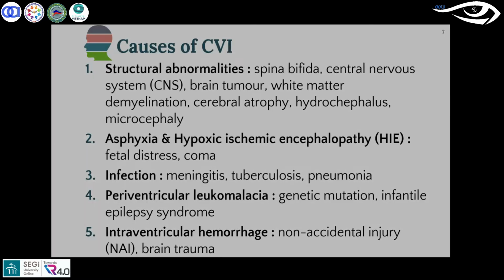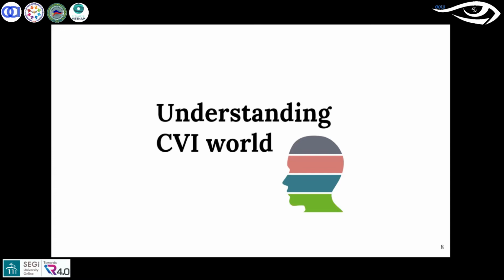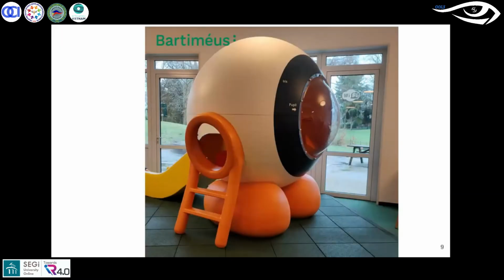Next one, let me show you how we understand the CVI world by showing you this special slide that we encountered at Artemis Amsterdam last year. This slide, at the playground area, is very attractive because it makes us understand what's inside the eyeball.